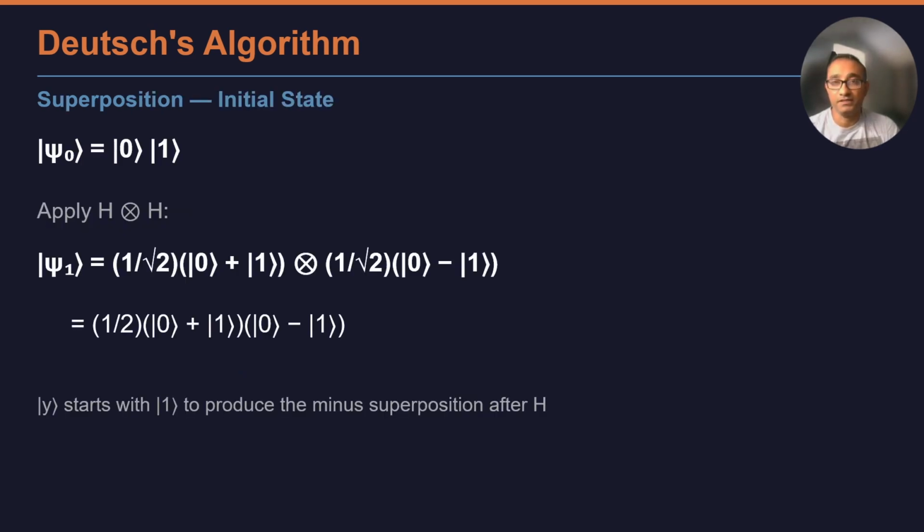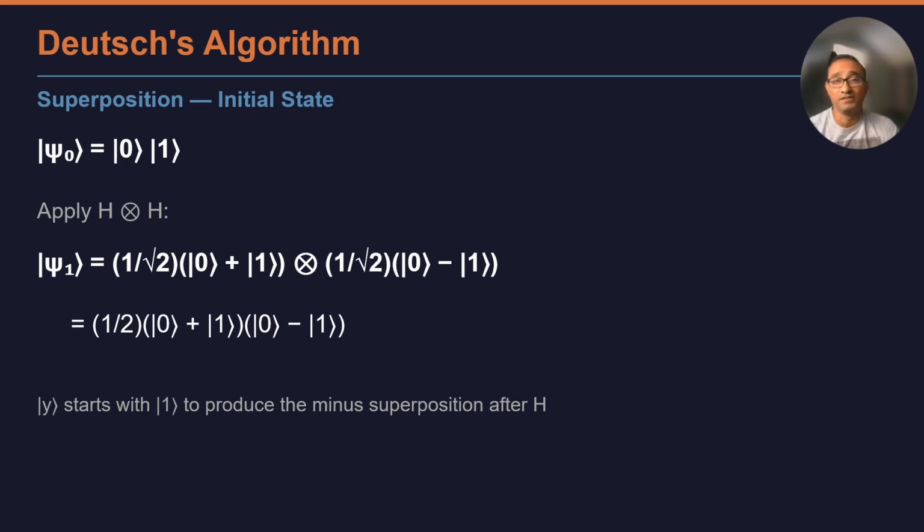If we set this up, our initial state is a superposition of 0 and 1. Then we apply the Hadamard gate on both the states. The calculation is simple. If you have doubt doing it or understanding it, you can go back to the quantum gates series or the quantum algebra series to see how this is done.